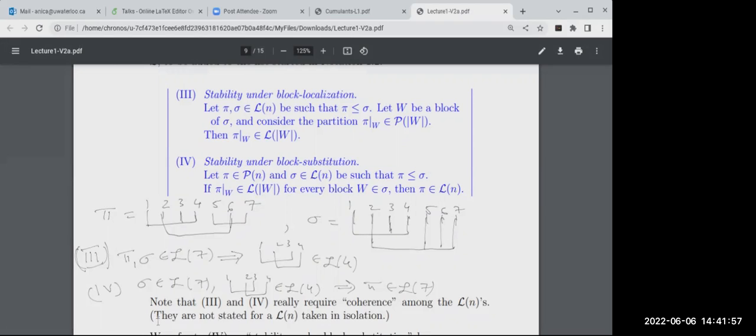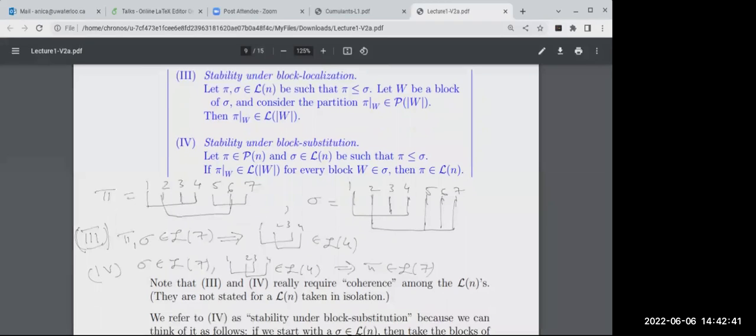Condition 4 is somehow the converse. You are only assuming that the bigger partition sigma is in your L, and whenever you take every block of sigma and break it in a way which is legal from the point of view of the smaller L, the result must be in L. Here 2 blocks of sigma are broken, but this one, 1, 3, 4, is broken identically, so that automatically holds. So when you do block substitution suitably, the result must also be in L of 7.